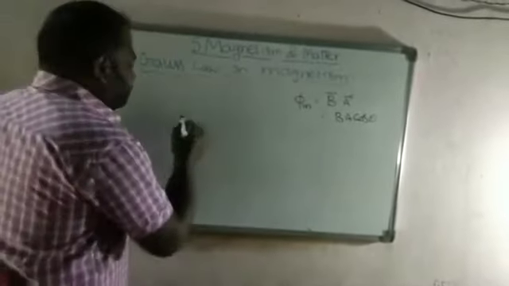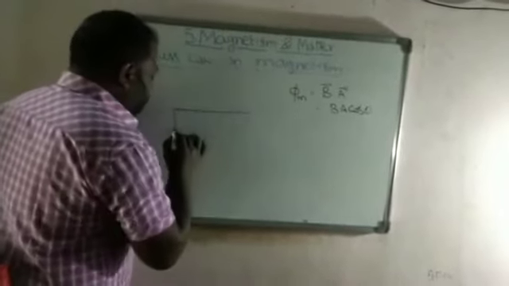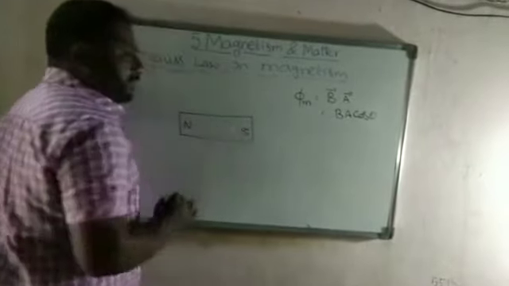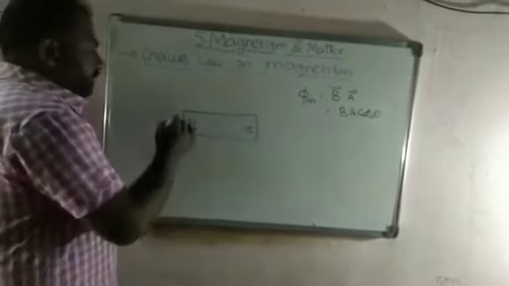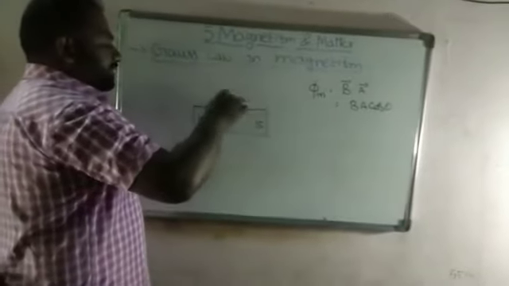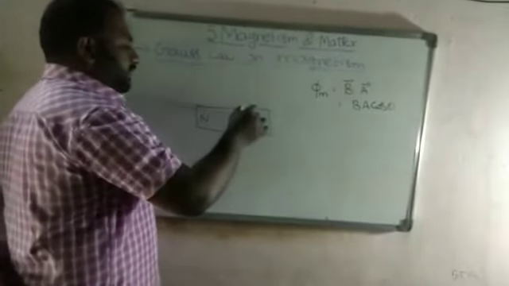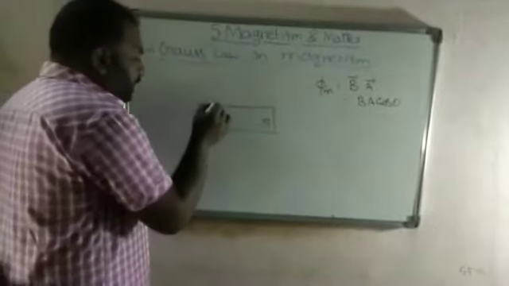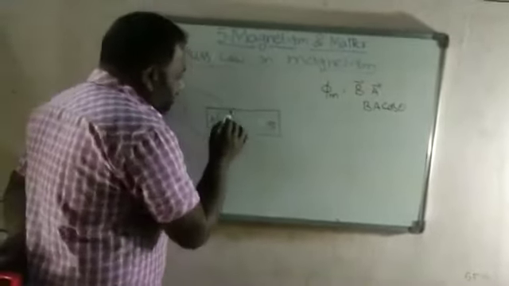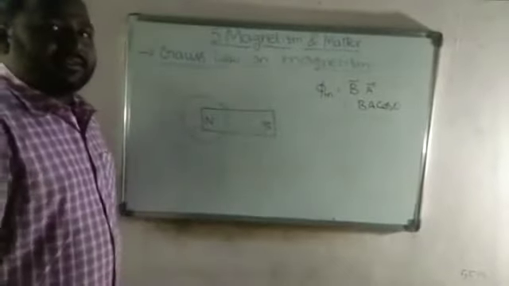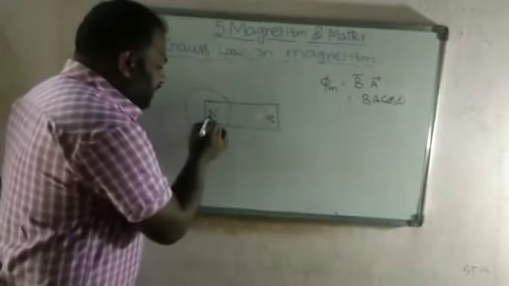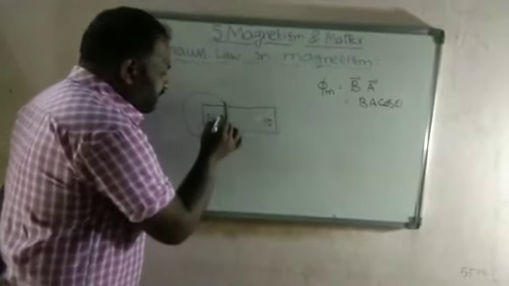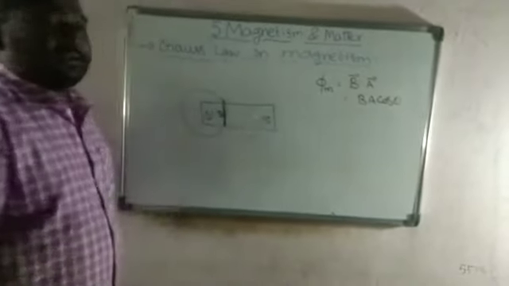So here I consider a magnetic north and south. We know that field lines are there. The field lines inside go from south to north, and outside from north to south pole. When I close this portion, the north pole is closed, and as well as this part, the south pole can be closed.